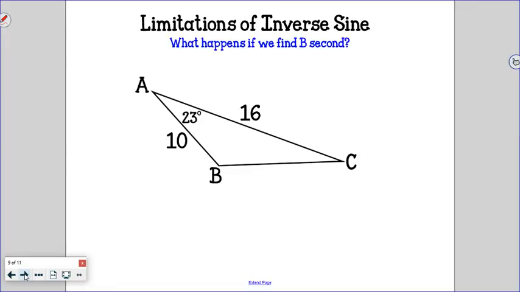Then you are going to move on to law of sines, and I'm not going to give you a choice on this one. Everyone's going to move on to law of sines to solve for angle B. Okay?